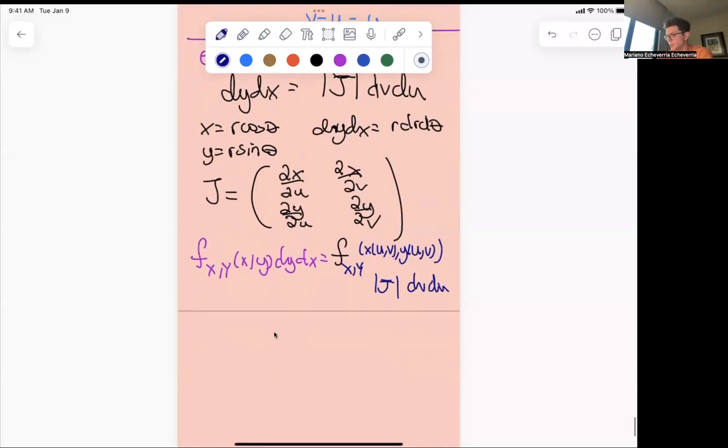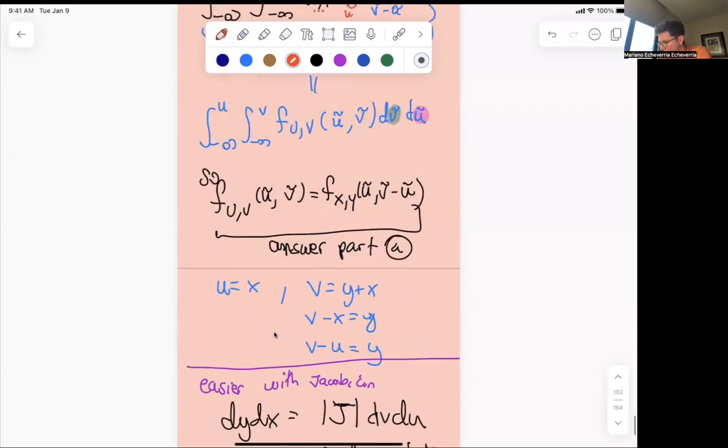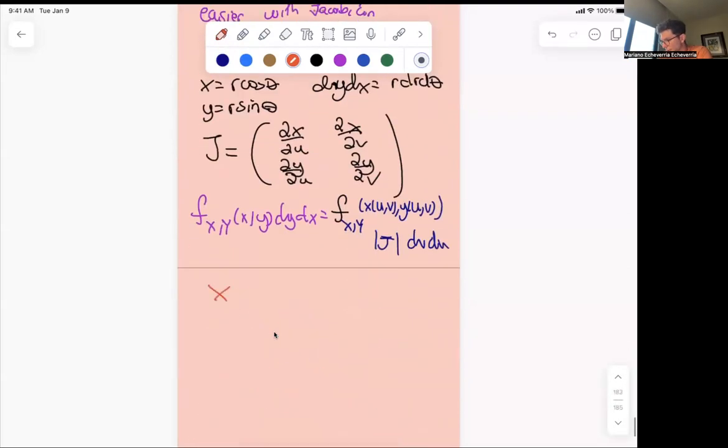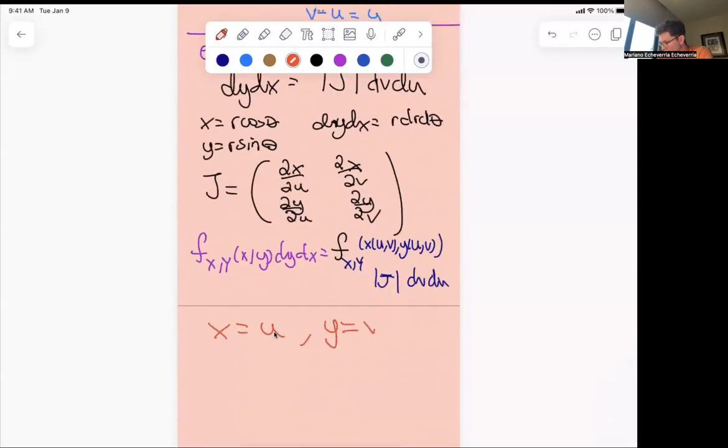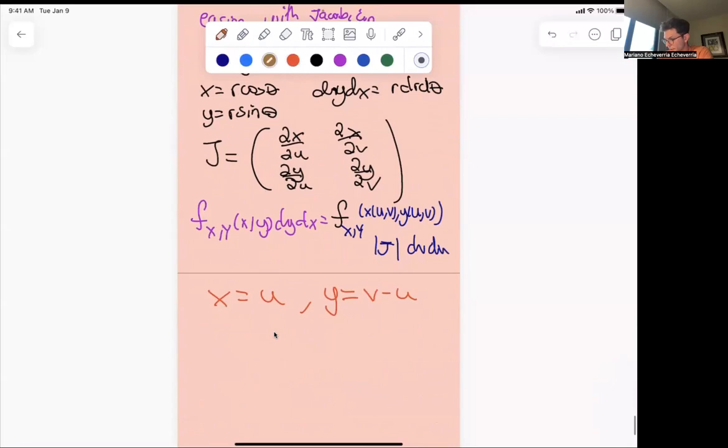So for example, in this case, we found the change of variables a second ago. You can think of x as u and y as v minus u. So what's the Jacobian here?